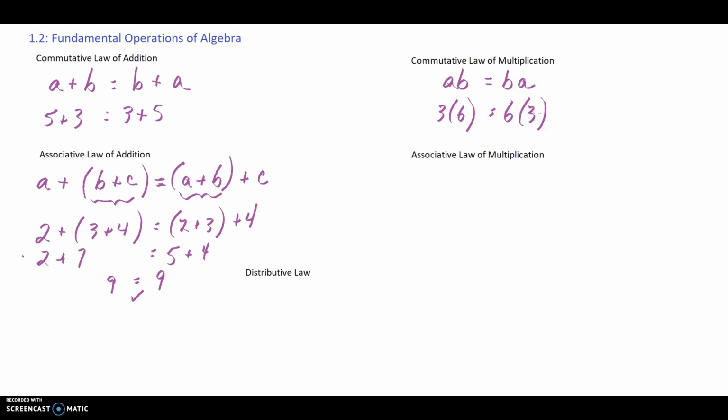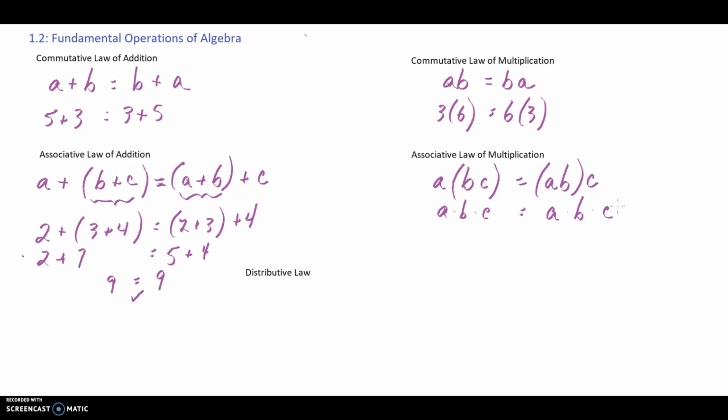We get the same result either way. The associative law of multiplication is a very similar one, but it's more about the grouping, so that A multiplied by the product B times C is equal to the product AB multiplied by C. And really, we just have, in both cases, A times B times C.